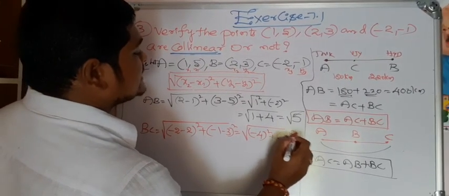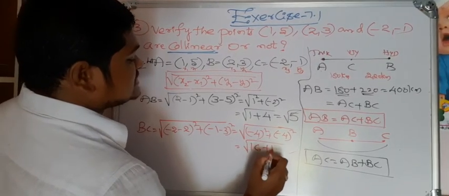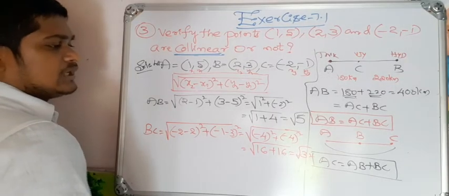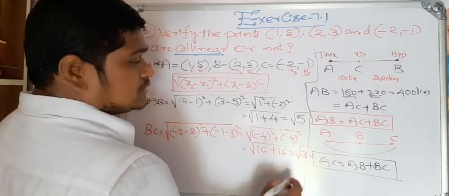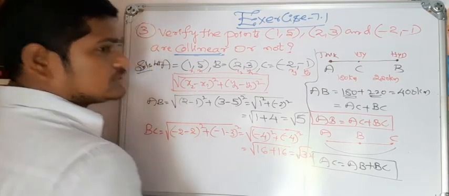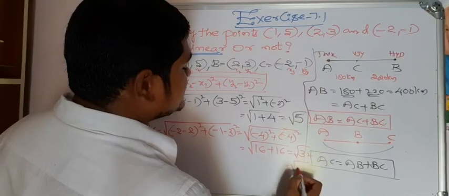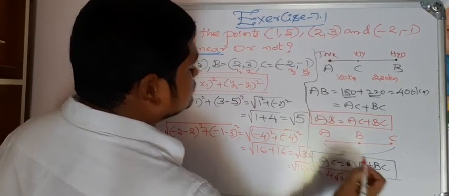This is also minus 4 whole square, so this is equal to root 16 plus 16, which is root 32. Now simplify this one. We can write 16 into 2. Where we have a root, try to write the square of a number. Finally, 16 into 2 is equal to 4 root 2.